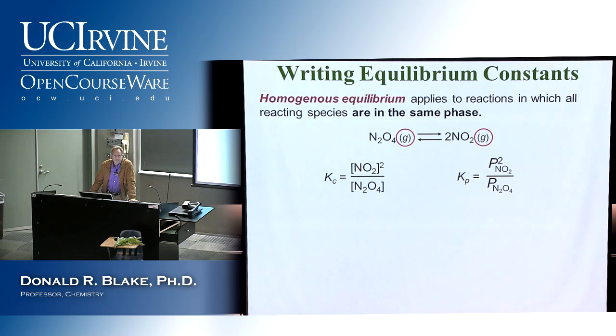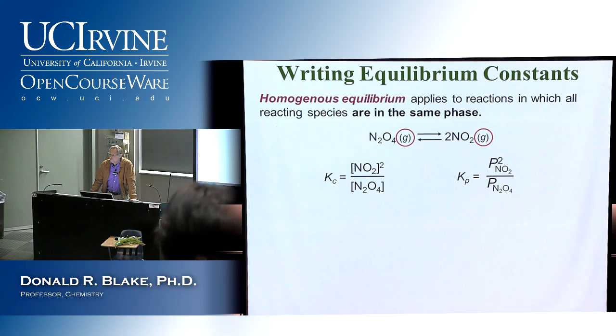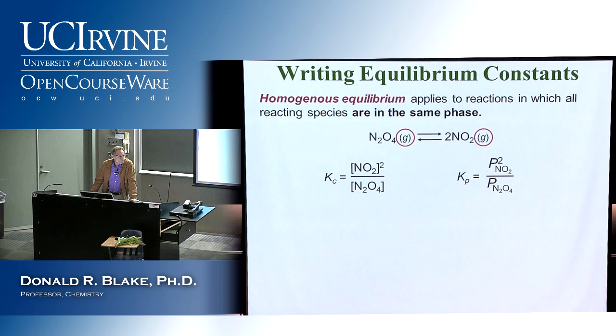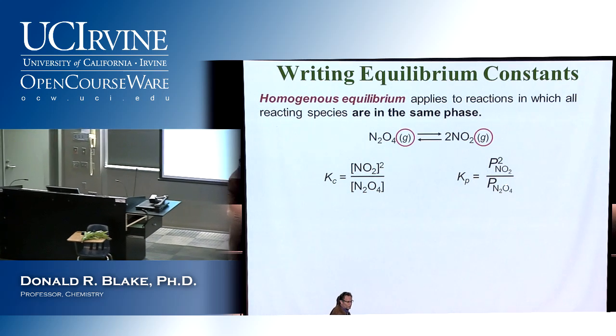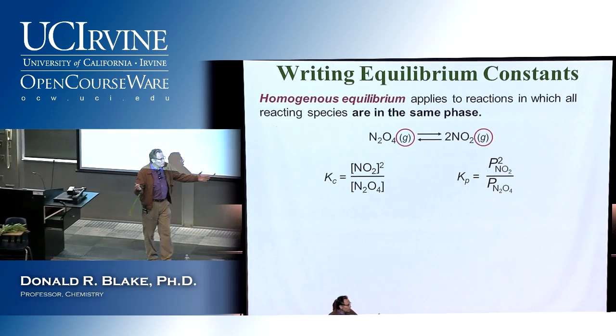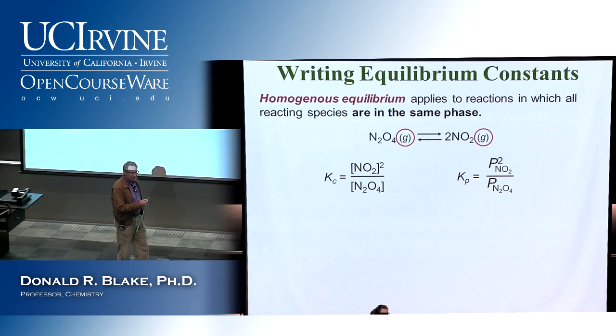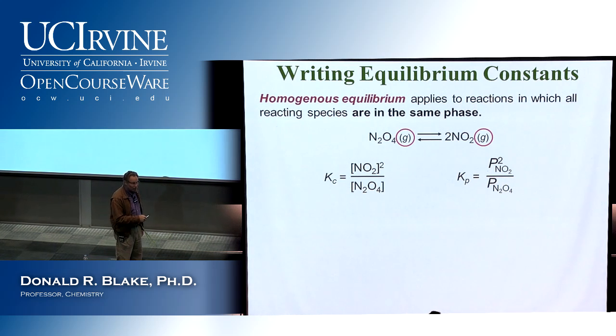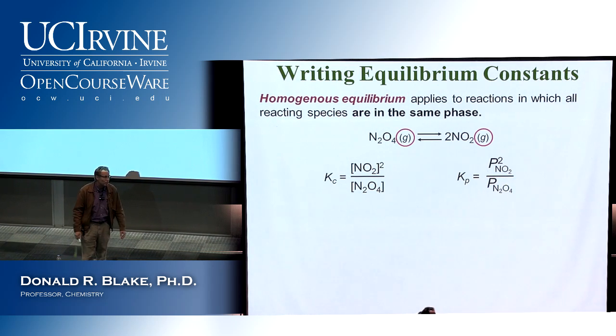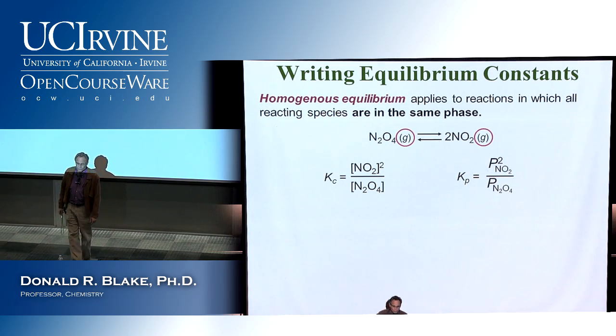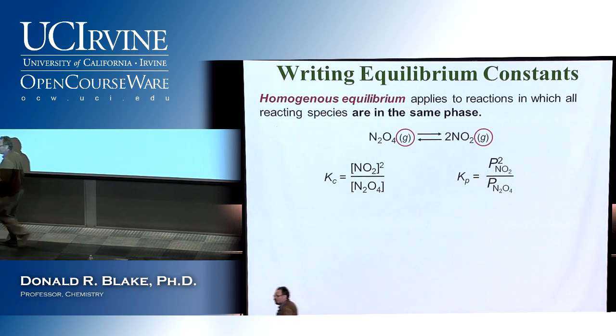What's the answer? 400. Right? If this is 400 squared and this is 400, that's why you don't need units. Just 400 squared divided by 400 is 400. So K sub P would equal 400. Do not forget the coefficients, folks.